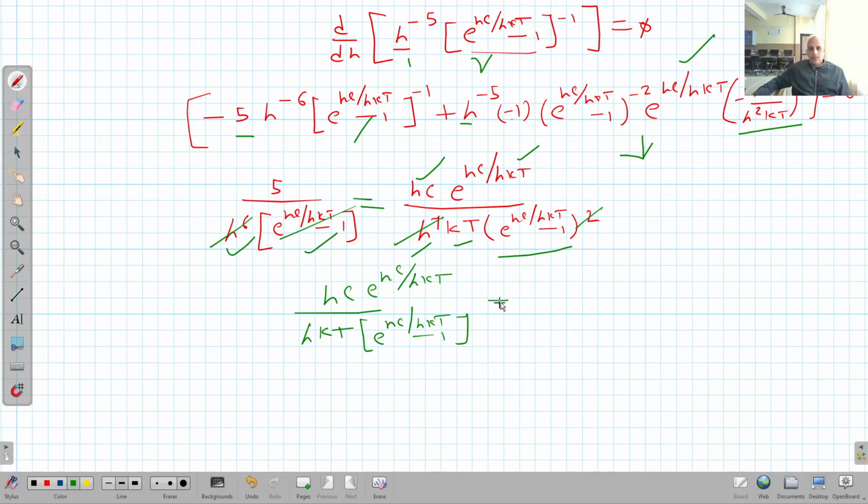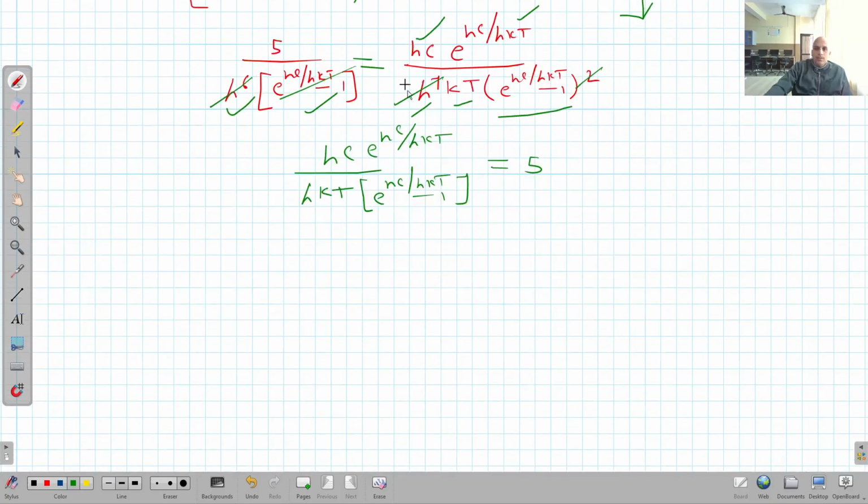That is equal to 5, because on this side we are left with only 5. Now hc upon lambda kt, e raised to power hc upon lambda kt and all this. So this is now the simplified equation.